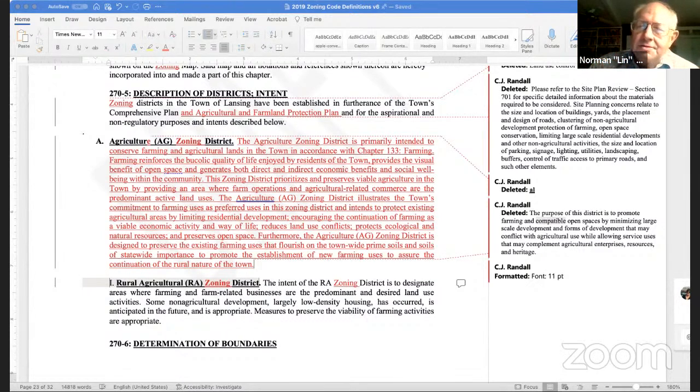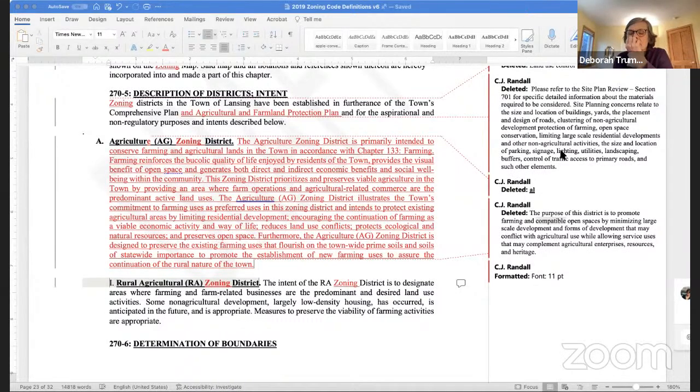I know George Franz has done a lot of work with ag-friendly zoning, and maybe he can come up with some ideas. Can you split it and say, if the proposed development, whether it's residential or commercial, is within so many feet of a tillable piece of land, then it goes to site plan.